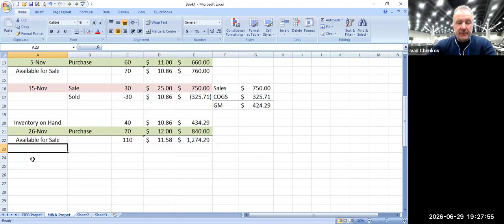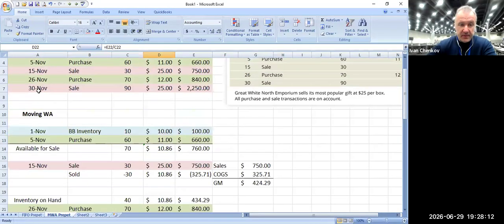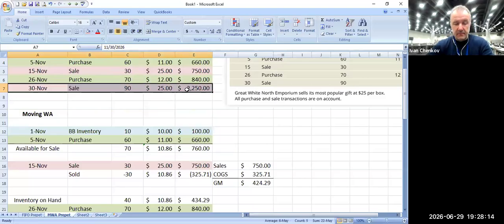So we have available for sale 110 units, and as you can see, the weighted average has moved up. Why? Because we bought at a higher price. After that, on November 30, we have a sale.